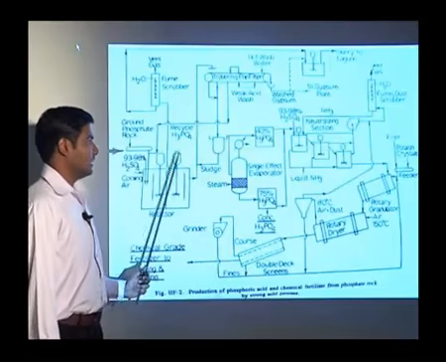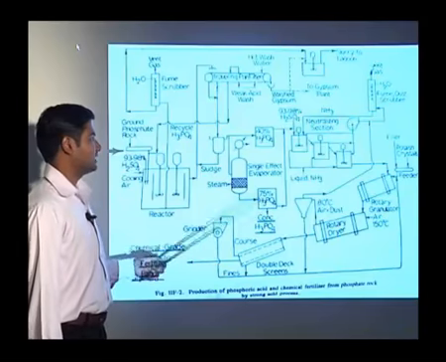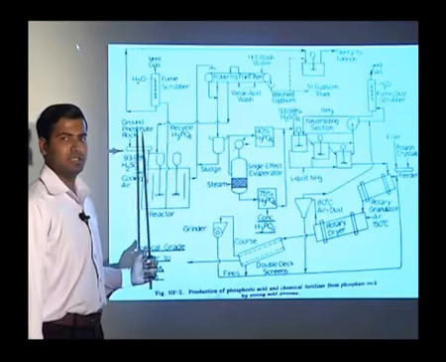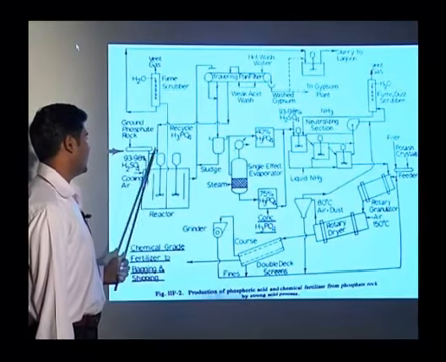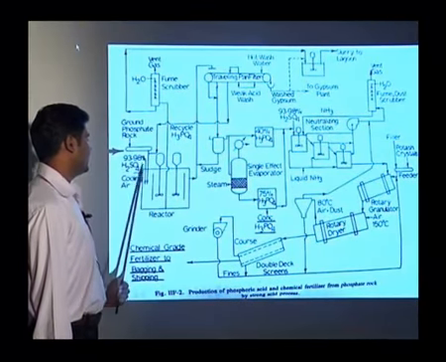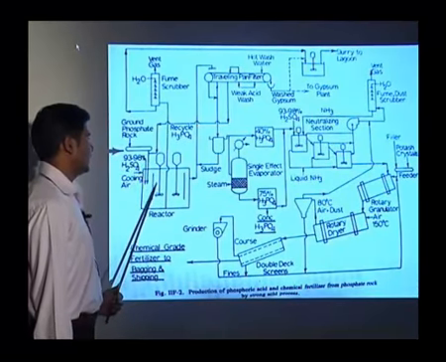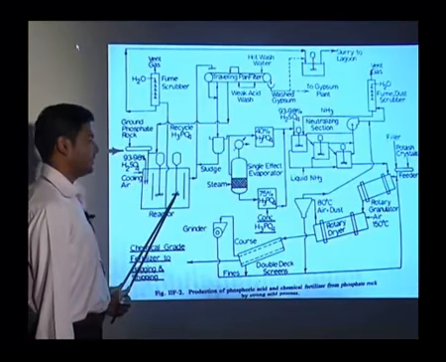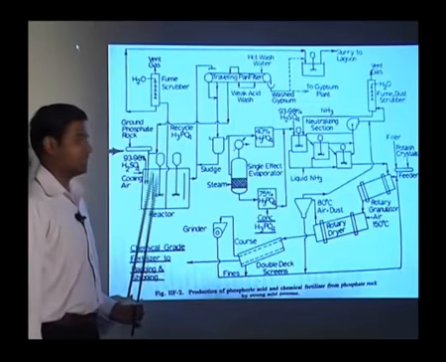Now if we see the production of this phosphoric acid, we want phosphate rock as a raw material. We take the phosphate rock and digest it with sulfuric acid in a reactor. Two things will be formed here: one is the gypsum, another is the phosphoric acid.